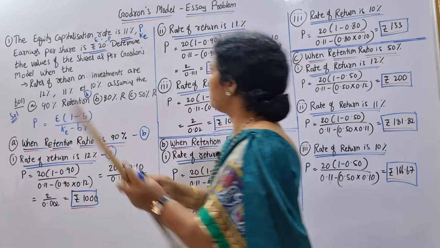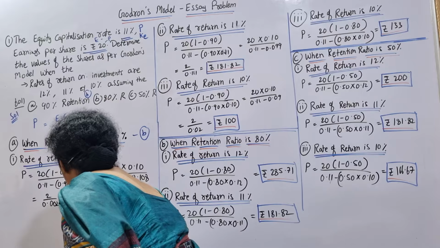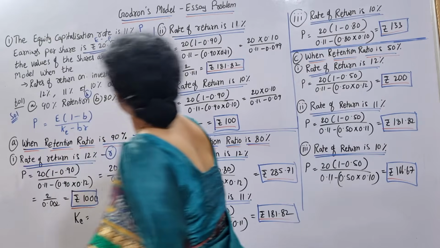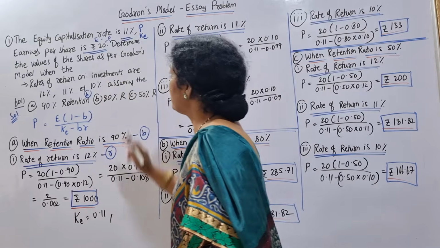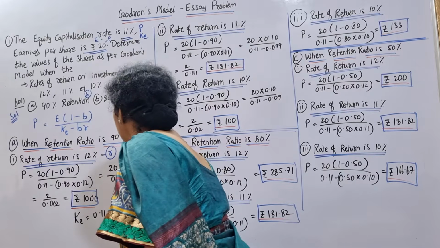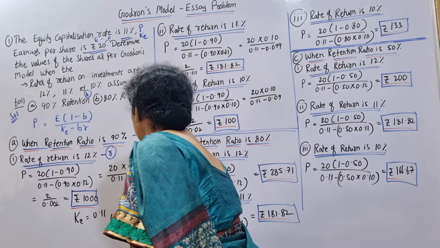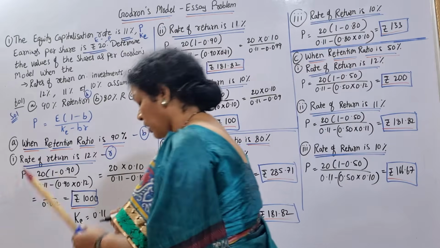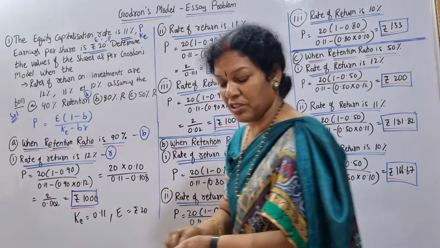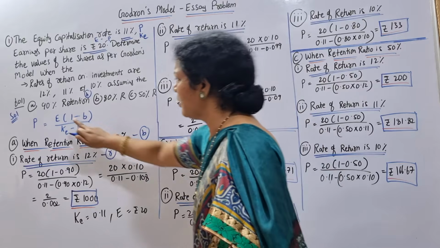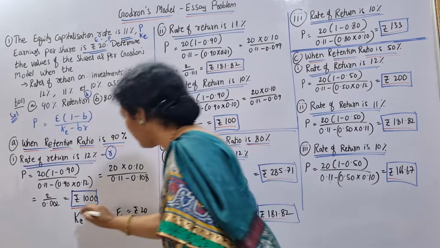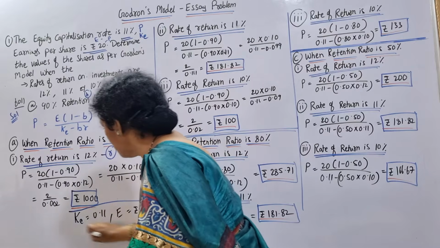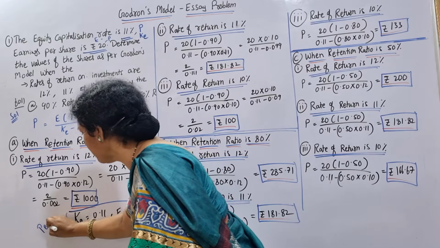K is 11%, means 0.11. E is 20 rupees. These two are permanent and the rest of the things are fluctuating. We need only 4 items: 1, 2, 3, 4. Out of these 4, these 2 are permanent.